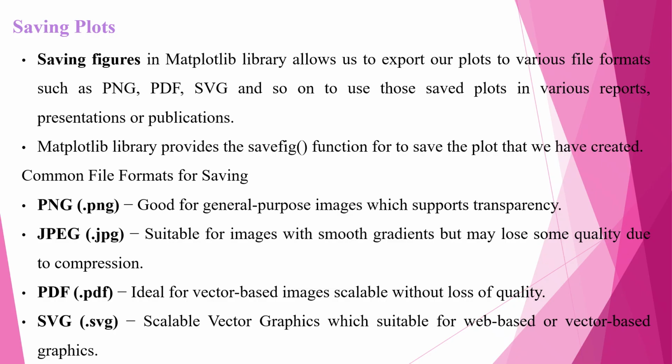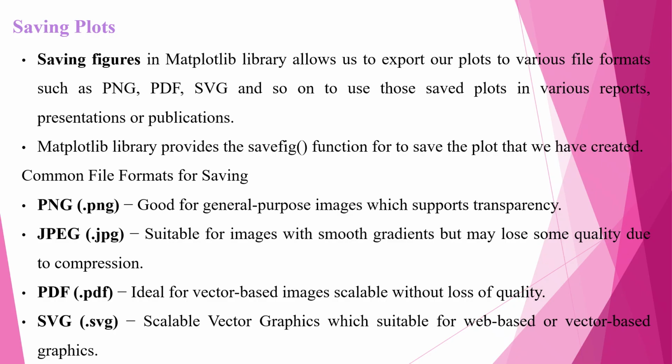Saving figures in Matplotlib allows us to export the plots we create into different file formats so that they can be used in reports, presentations, or publications. This is done using the savefig function, which saves the current figure to a file. Matplotlib supports several common formats, each suited for different purposes.